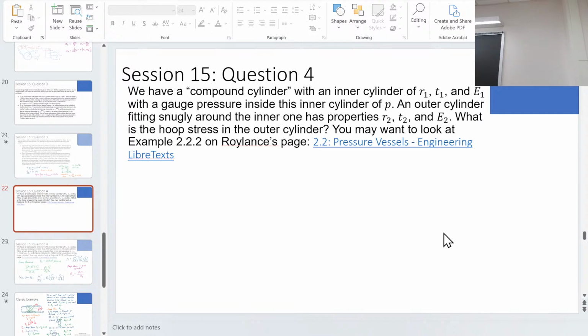So the assumption is the force is at the end of it. That's the one, over there, right? And this is, so why is it the same?